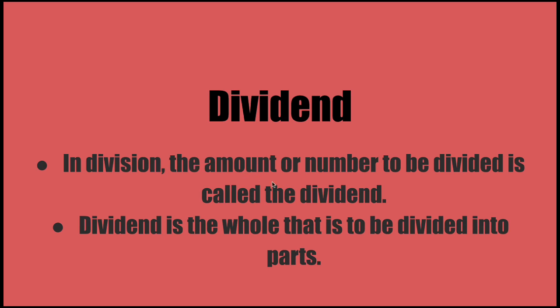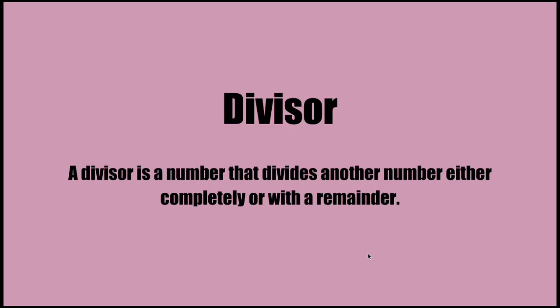So this is also the amount or the number that is going to be divided. Or another word that we can think about is the total, okay? The total or the whole number that you're going to start with. So if you have 56 pieces of candy and you're going to divide it by 5, your whole or the total number of candies that you have will be 56 in that scenario.